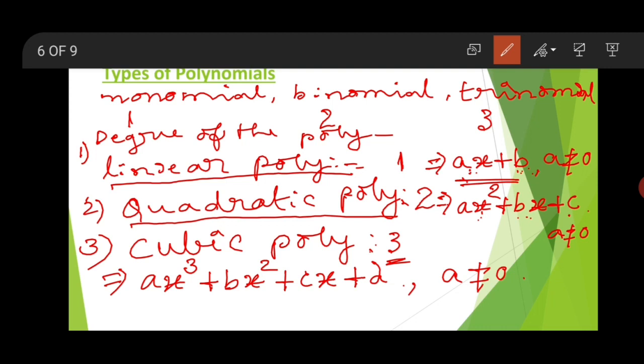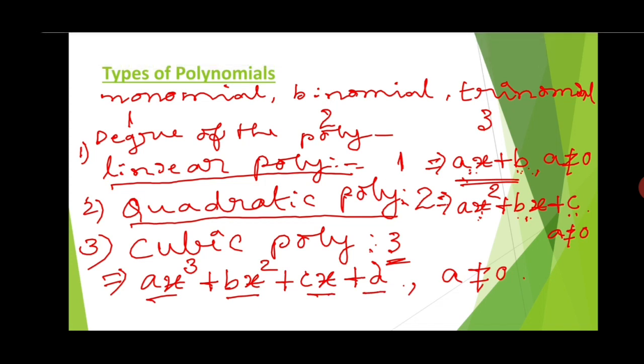Ax square is one term, bx is one term, and c is one term. And cubic polynomials have at most 4 terms, right? Yes.